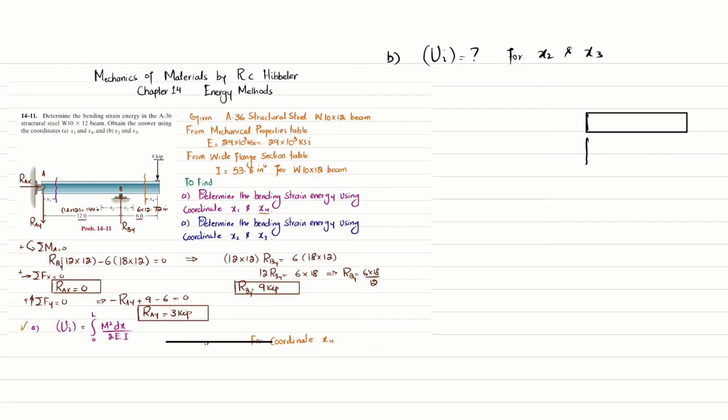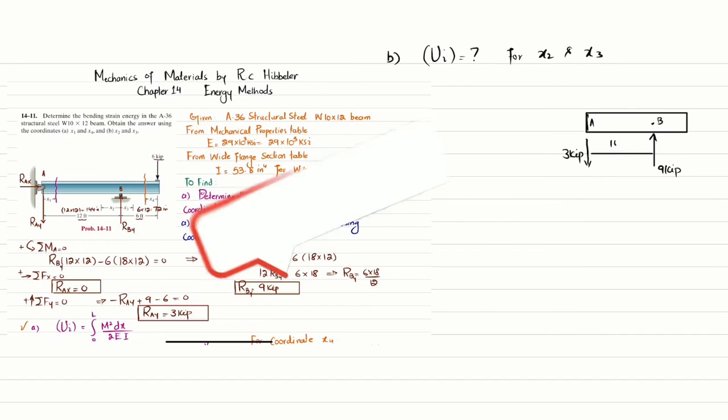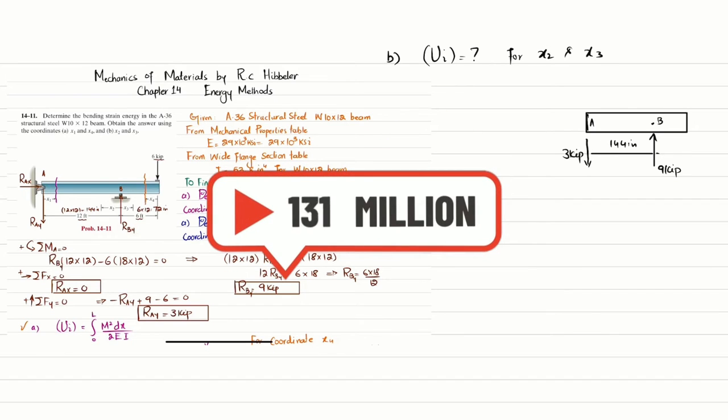You can see this is point A, where you have the vertical reaction 3 kips downward. Clear? This is your point B, where you have RBY, which is upward, and RBY is 9 kips. Clear? This total length is 144 inch, and this is the coordinate x3.